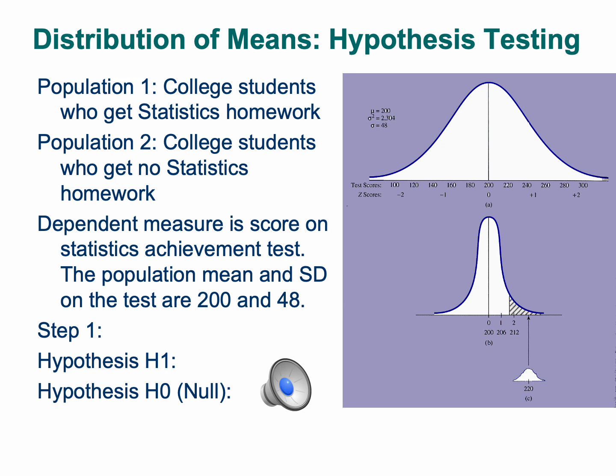And so we're going to hypothesize that students who get statistics homework will have a higher score on average on the achievement test than students who do not get the statistics homework. So the two population means will not be the same. They'll be different. And those who get homework, they'll have a higher score than people who don't get homework.